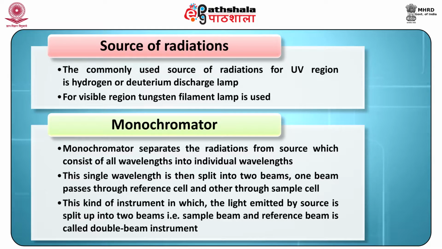This single wavelength is then split into two beams. One beam passes through the reference cell and the other through the sample cell. This kind of instrument, in which the light emitted by the source is split up into two beams, that is the sample beam and the reference beam, is called a double beam instrument.